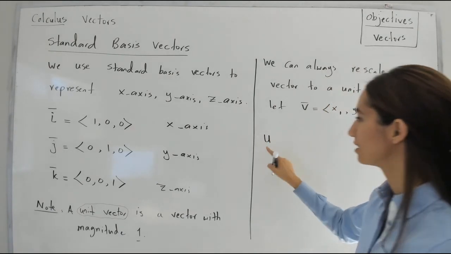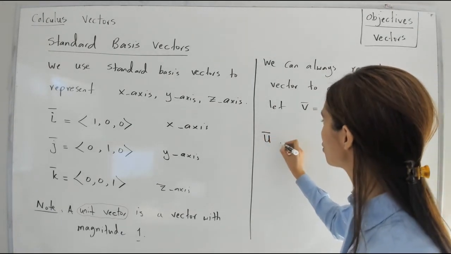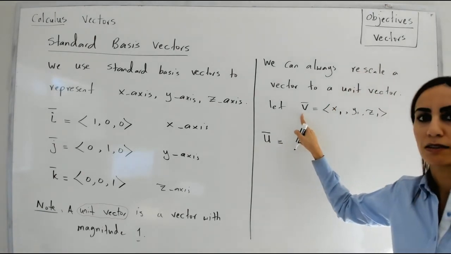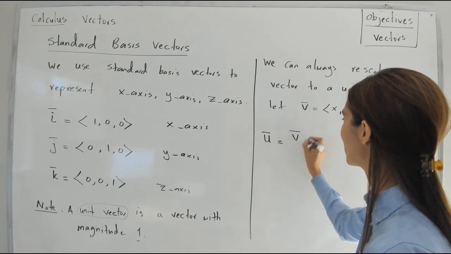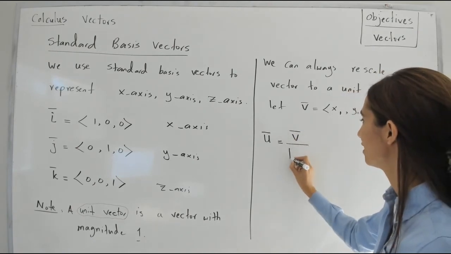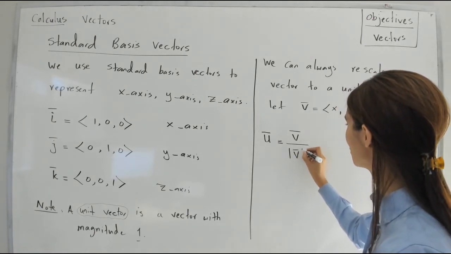u, this new vector with length 1, can be constructed using a vector of any length. We take the magnitude of vector v and we divide each of the components by that magnitude.